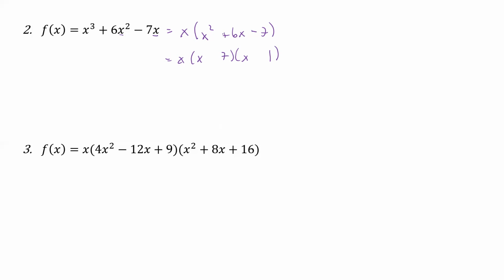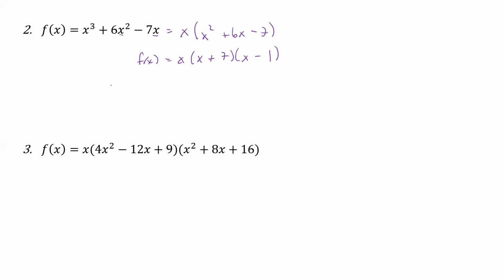Now I have to have a positive 6 in the middle, and I have to make the 7 negative. So one's going to be positive, one's going to be negative, and the larger has to be positive. So it's plus 7, minus 1. That gives me x squared plus 7x minus x gives me 6x, then minus 7. So that is my factored form now.